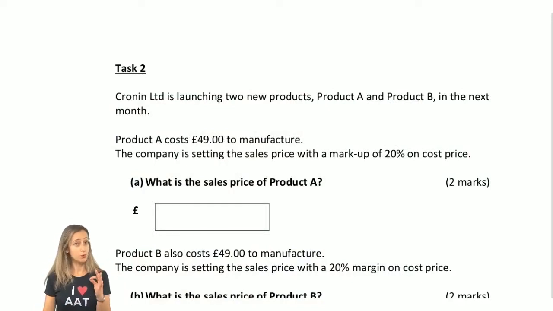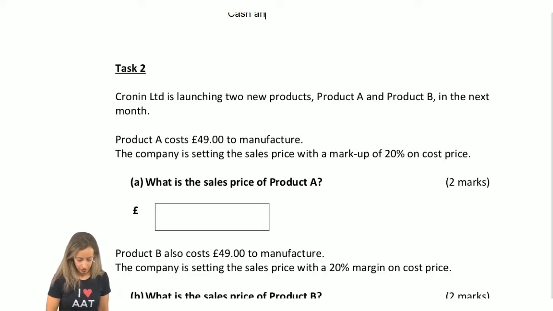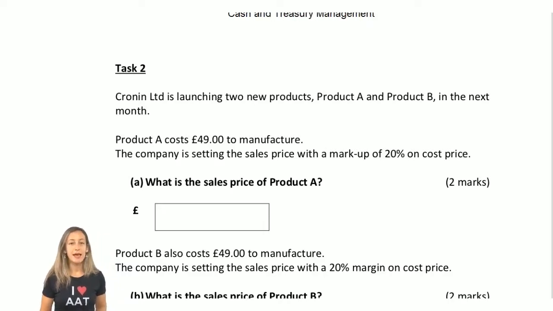For anyone who's wondering which subject this is, I'm just going to remind you the subject is called Cash and Treasury Management, just in case you have missed the first minute of the class.